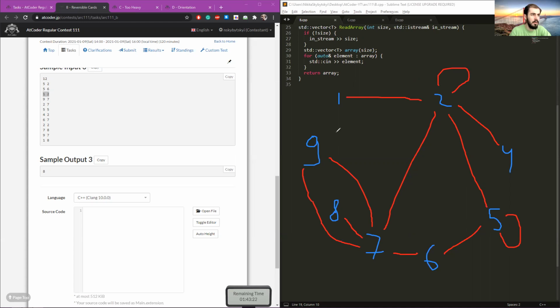Okay. And 1, 8. Okay, so we have this connected component as such.